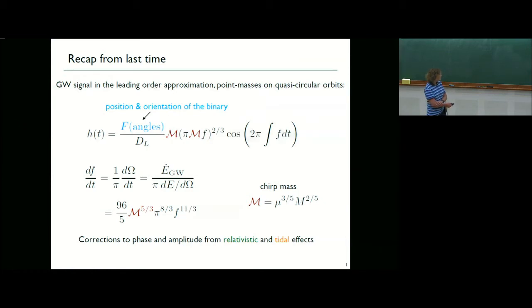In fact, I think yesterday we had these amplitude corrections, because they came from the second time derivative of the quadrupole, and we always had mu r squared plus some tidal thing factored out.